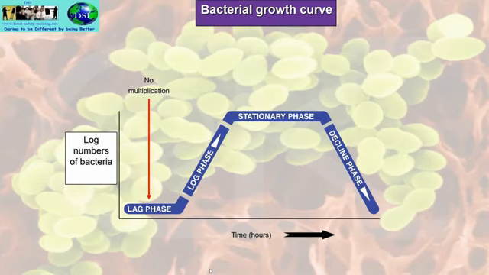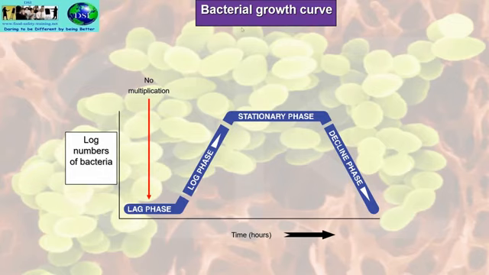The temperature there is perhaps the ideal temperature, but the bacteria are still using up nutrients and enzymes in order to get a large enough number so they can multiply quickly, which they will do in the log phase. This is where they're multiplying, doubling in number between every 10 and 20 minutes.